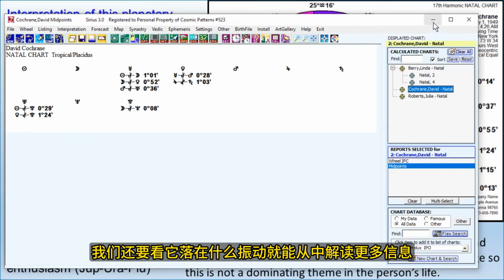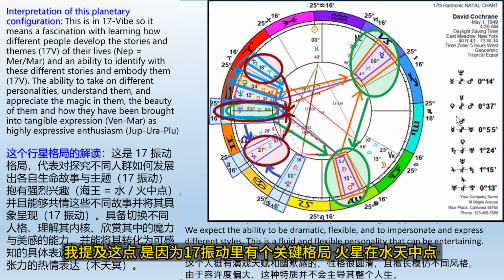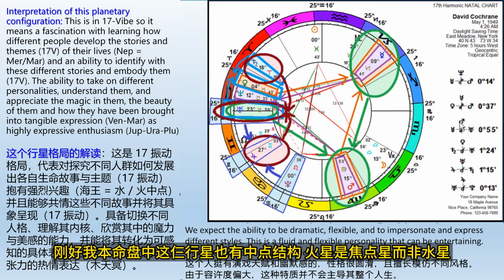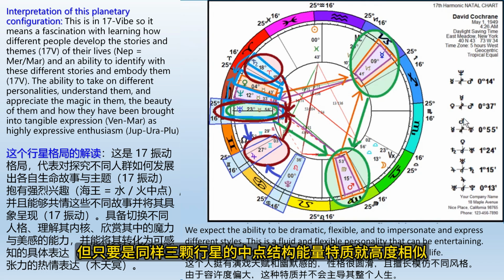Why I'm mentioning that now is that in the 17 vibration, one of the things that's important is Mars at Mercury, Uranus, the same three planets I have in my natal chart in a midpoint structure. The focal planet here is Mars instead of Mercury, but when you have a midpoint structure with the same three planets, they're very similar.